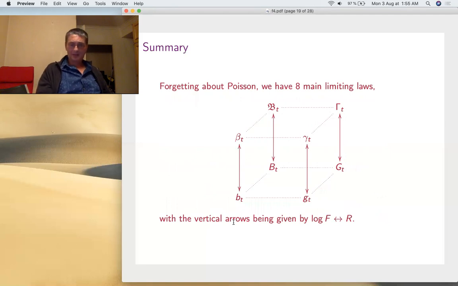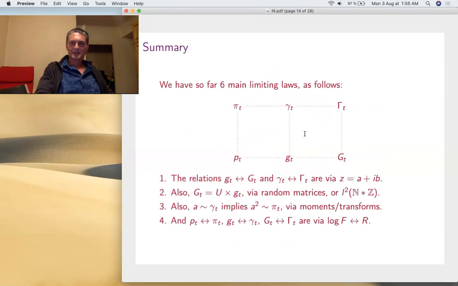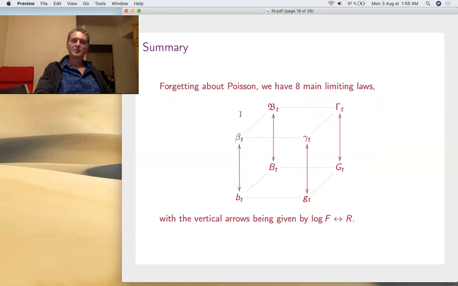So the good news is that we have our cube now. Remember we were having this diagram. Let's go back. I have this thing which is very nice here: continuous laws, classical, free, real, complex. Now on the discrete side, we just replace Poisson and free Poisson by these Bessel laws, real and complex.